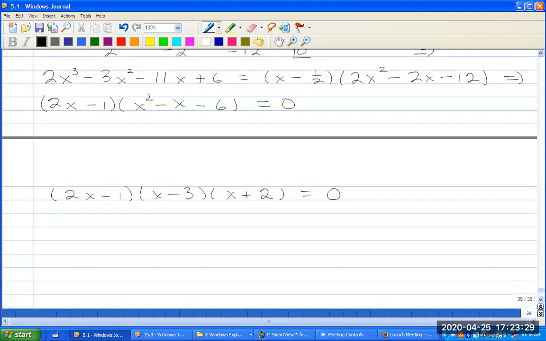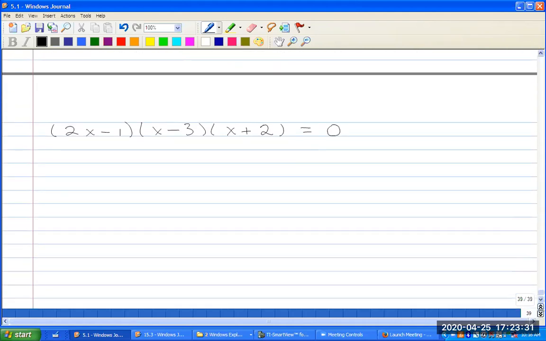Set each factor equal to 0 by the zero factor property, by the fact that this is an integral domain, that a polynomial with integral domain coefficients factored to 0. Again, by that zero factor property.